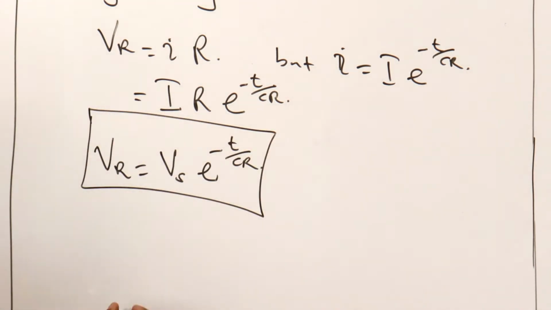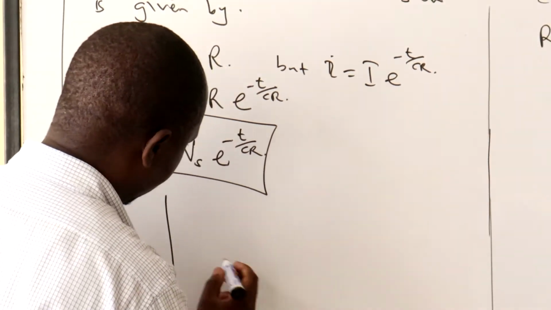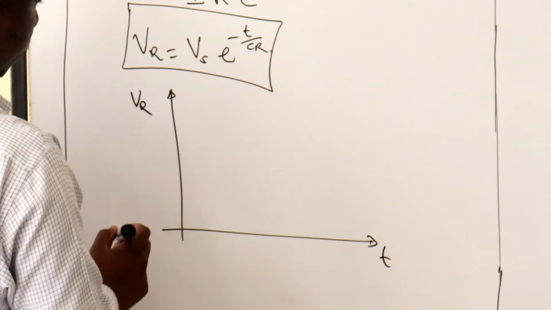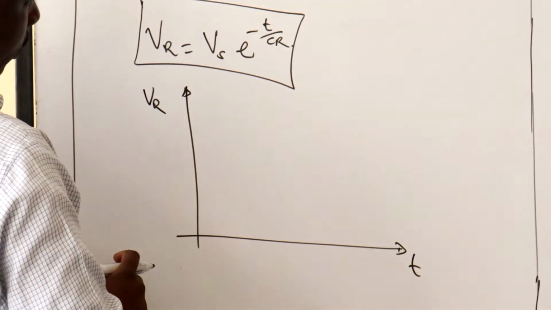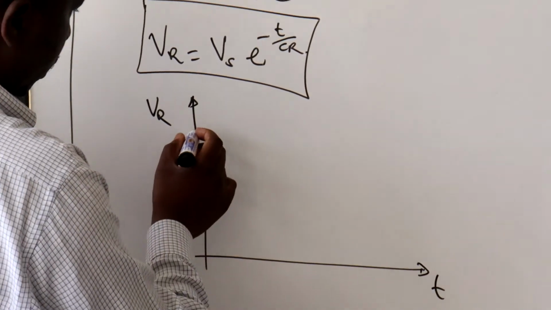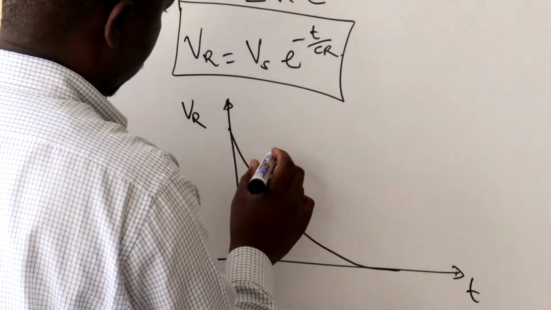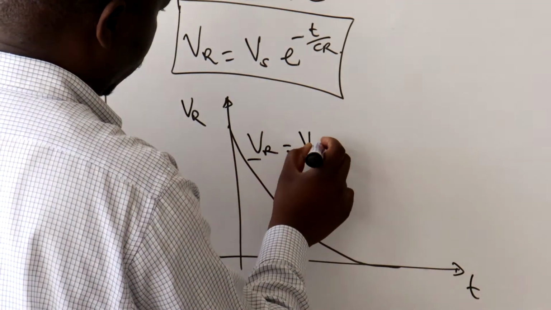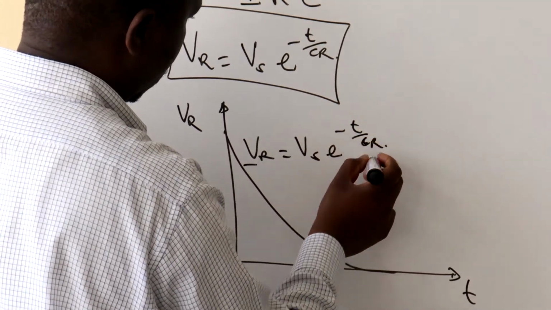We also sketch its curve. So when T is 0, what then is that? We shall have a curve appearing this way. So this is VR equals VS E to the minus T over CR.